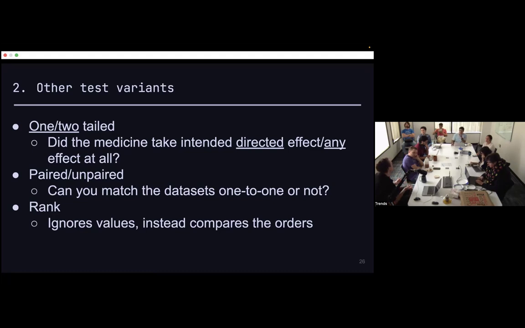For each person you have 2 paired measurements, before and after. If you have this information, you can use a paired test. But if somehow you messed up your data set and you can no longer match the before and after for each person, then you can just bag them into different bags and use an unpaired test.